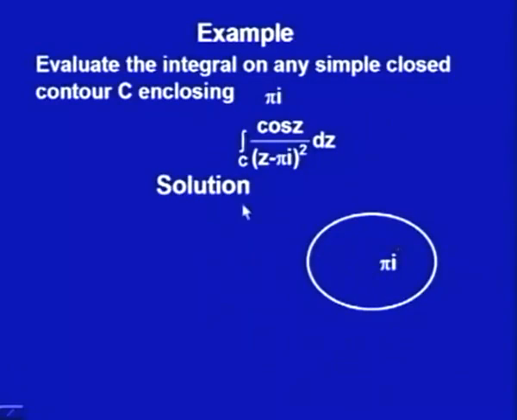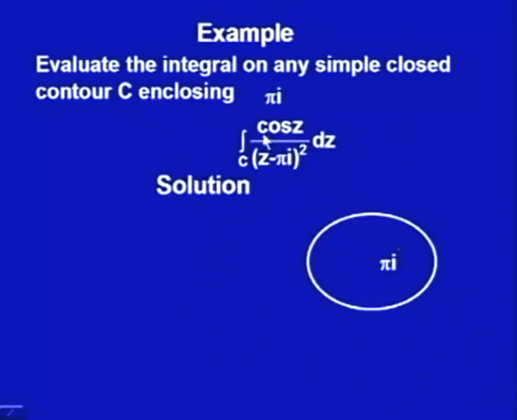Now, I would use this analyticity of f(z) and the formula for the nth derivative, or rather you could say I would just use f dash z naught is equal to 1 upon 2 pi i integral along the closed contour C of f(z) upon (z minus z naught) whole square dz.